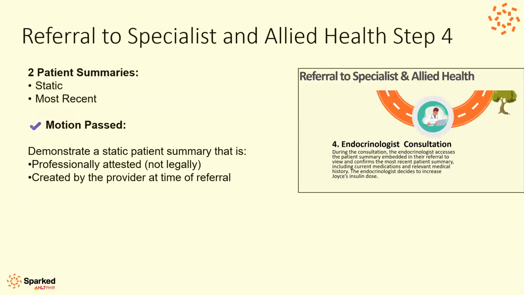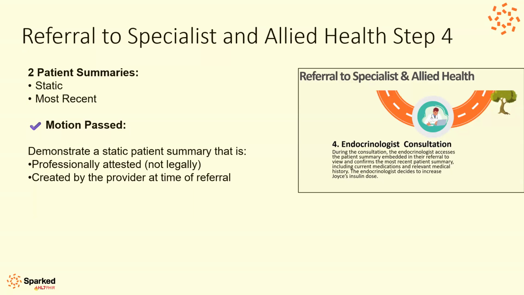We got halfway through looking at step 4, the referral to specialist and allied health. We agreed that there were 2 patient summaries in this step: the static summary that's created at the time of the referral, and the dynamic summary, which is the most recent patient summary. We passed a motion to demonstrate that our static patient summary is going to be professionally attested. Importantly, it's not going to be labelled as legally attested, so we don't want to have any implementation and jurisdictional ambiguity. It's going to be created by the provider at the time of referral.